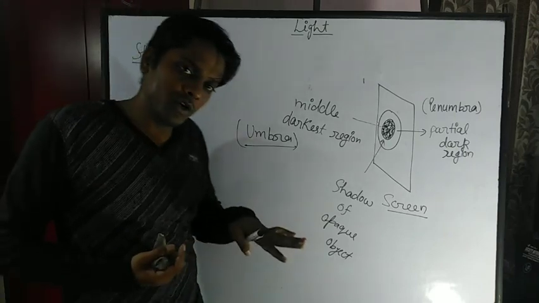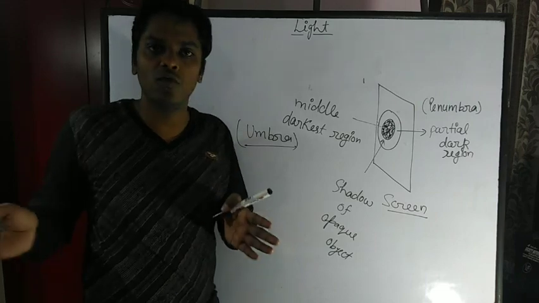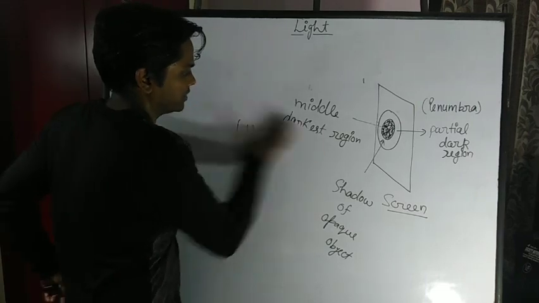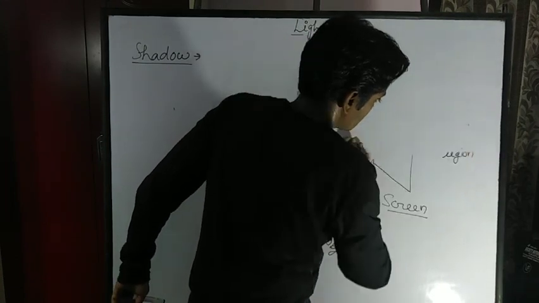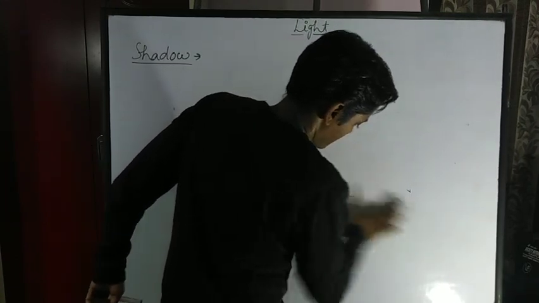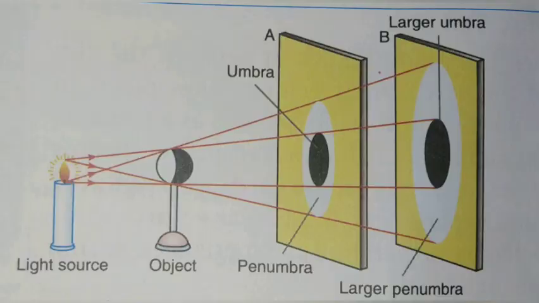Now we will see what the effect is when the light source is closer to the opaque object or far away from it. In this picture you can see the umbra and penumbra regions in both of them.